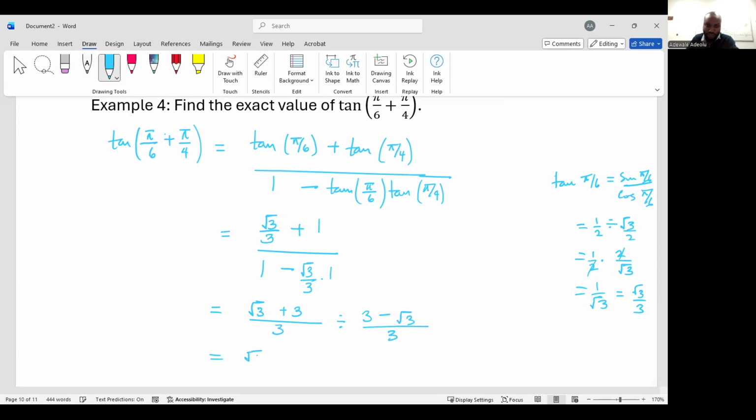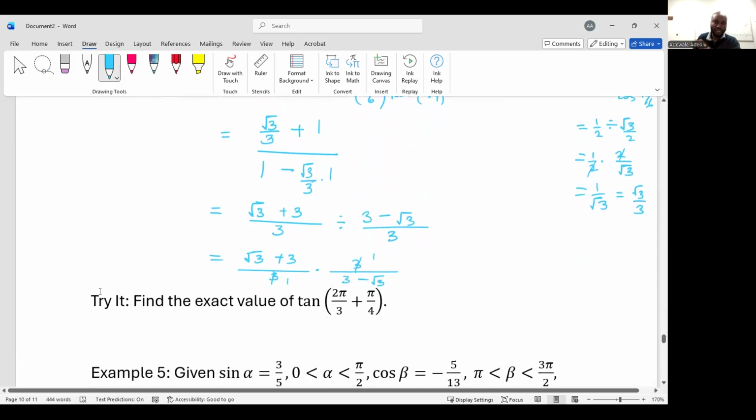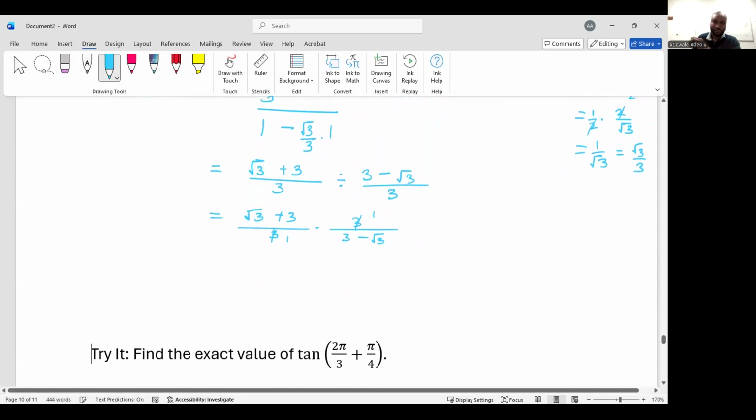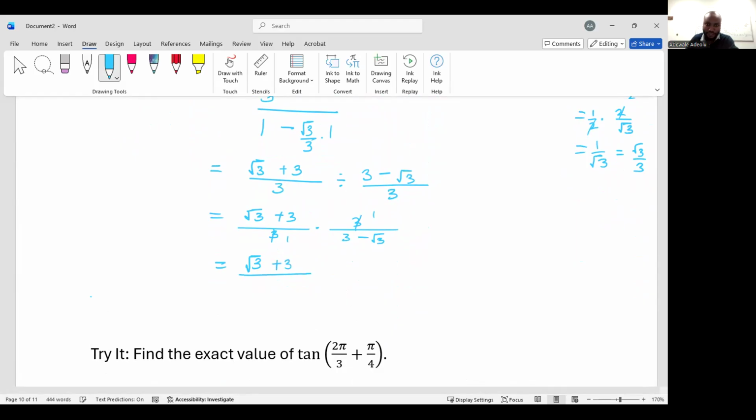So we have root 3 plus 3 divided by 3 times 3 divided by 3 minus root 3. 3 here 1, 3 here 1. So in the end, we have root 3 plus 3 divided by 3 minus root 3.